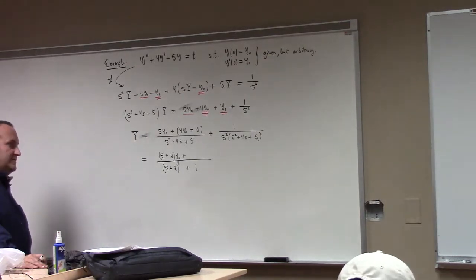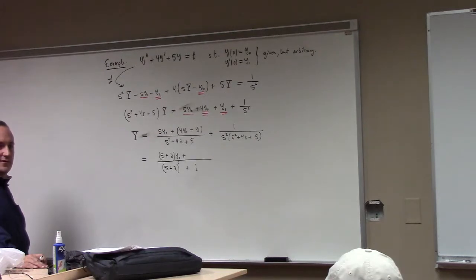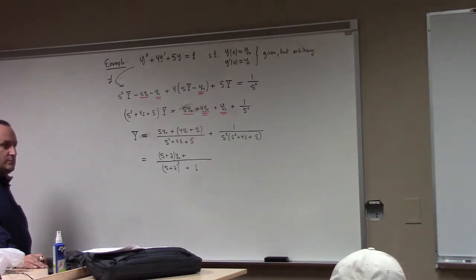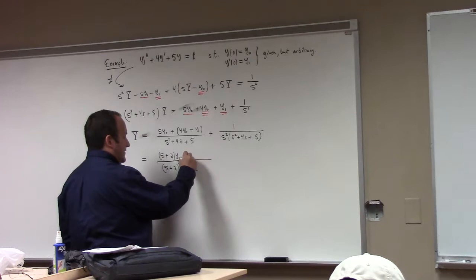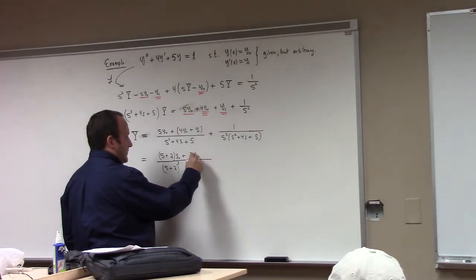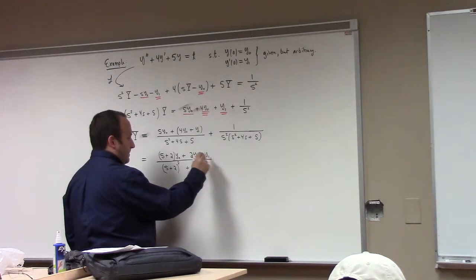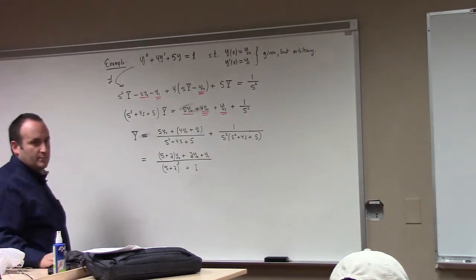If there's an (s plus 2) quantity squared plus 1 appearing, I need an s plus 2 in the numerator as well to see inverse cosines. But to be fair, I had 4 y0 before, right? So what's left over here is just 2 y0 plus y1. Right?